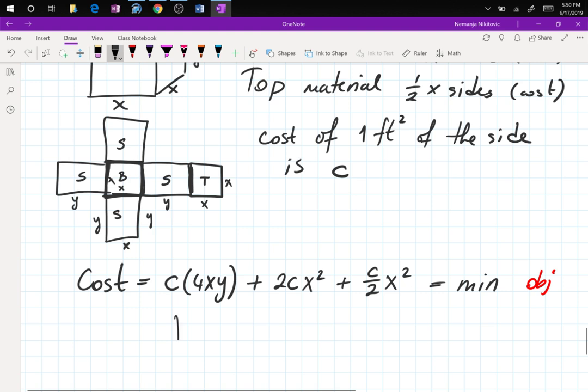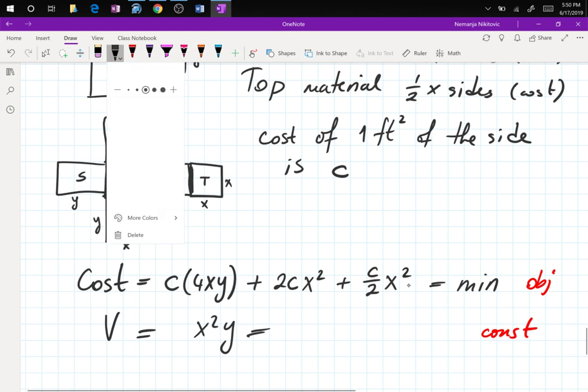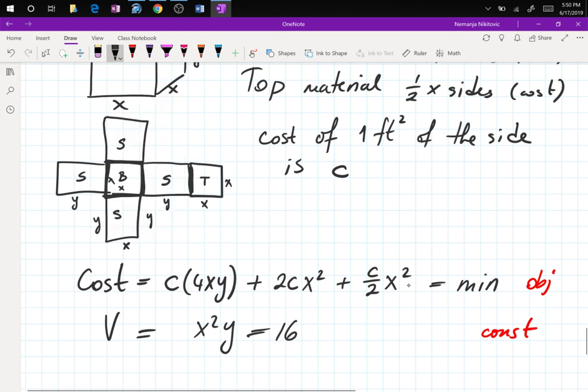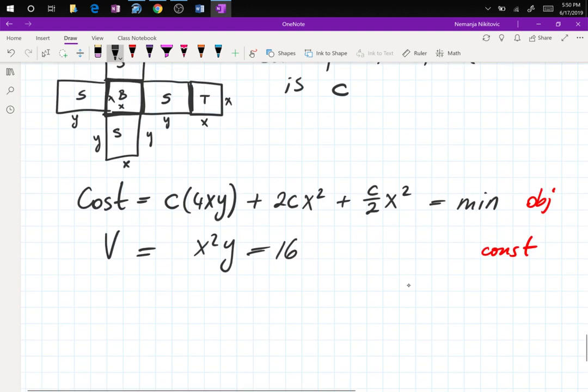And then you have your volume equation, which is, again, x squared y equals 8. That's the constraint. Did I say 16? 16 it is. Feet cubed.